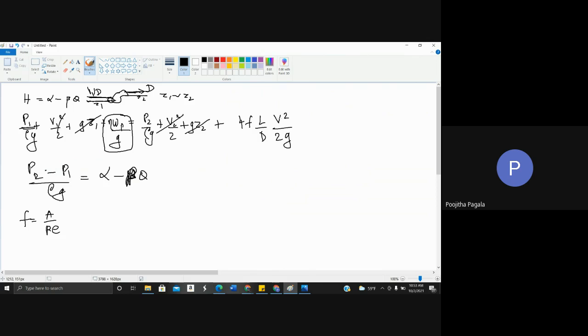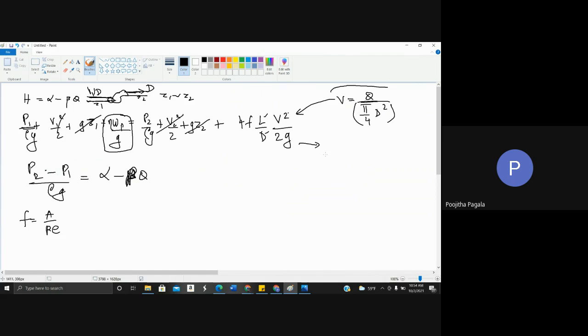So once you include that, and we know that V is equal to Q, the volumetric flow rate, divided by pi by 4 times D square. D is given in the problem. So D and L are acceptable variables, but V is not given in the problem. So we replace V with this term, and we replace f with this term. f is equal to A by Re.